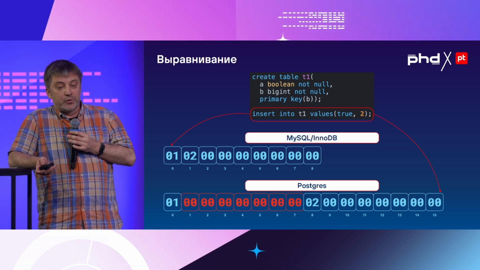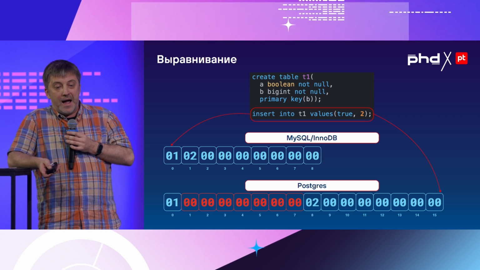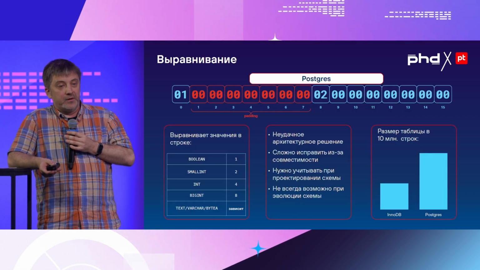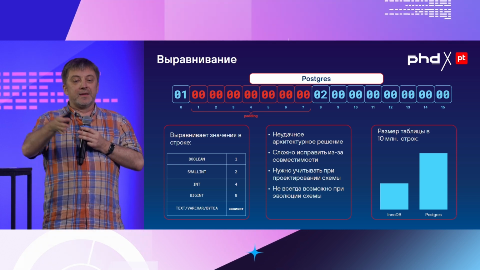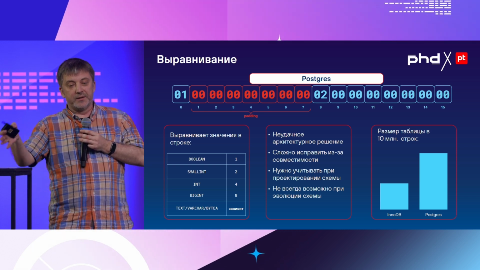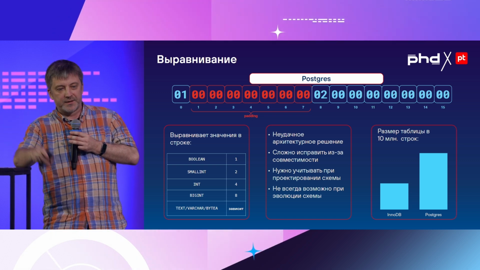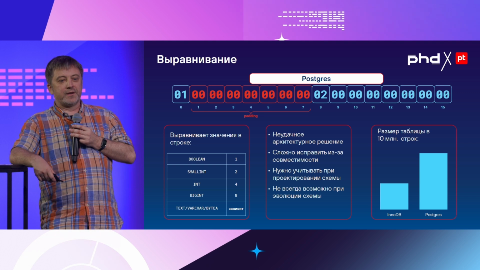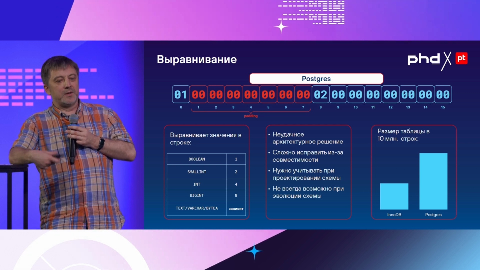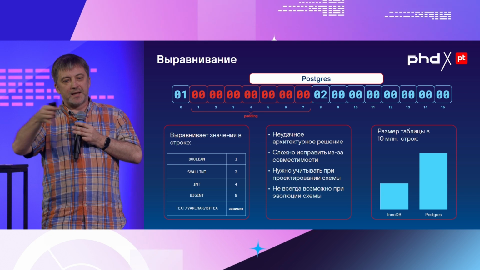But in Postgres, it's almost the same. But between 1 and 2, there are quite a lot of zeros. What's that? This is about alignment. These 7 zeros are basically added so that the value of 2 should be aligned in terms of being recorded.